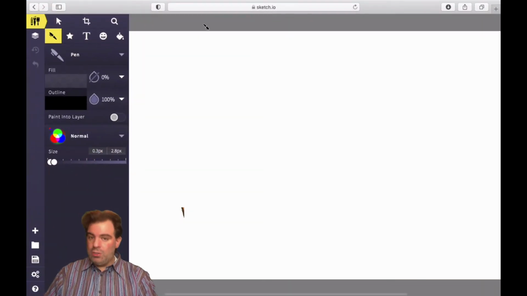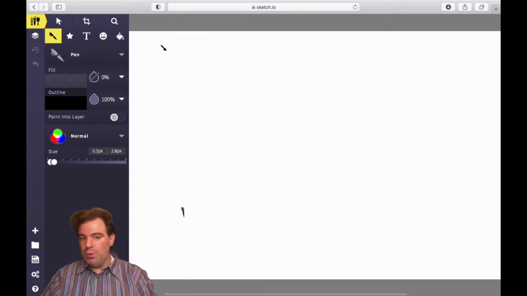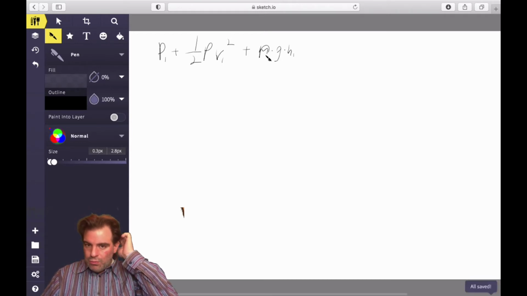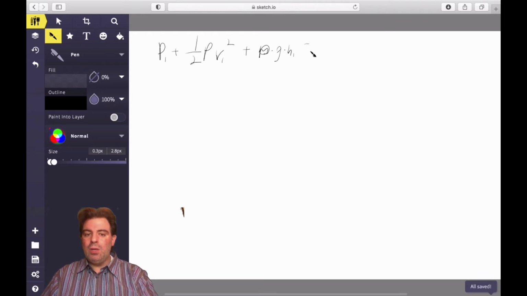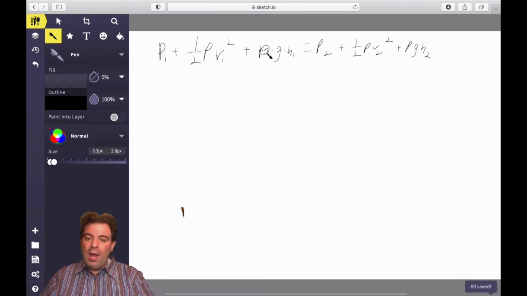As you recall from the previous lesson, Bernoulli's equation simply is pressure 1 plus 1/2 rho v1 squared plus rho g h1 equals p2 plus 1/2 rho v2 squared plus rho g h2. So we have to, at this point, manipulate this equation in order to be able to calculate the speed by which the particles are leaving the second hole.